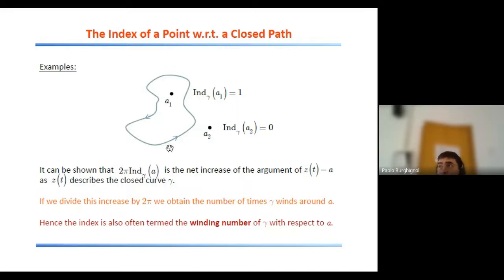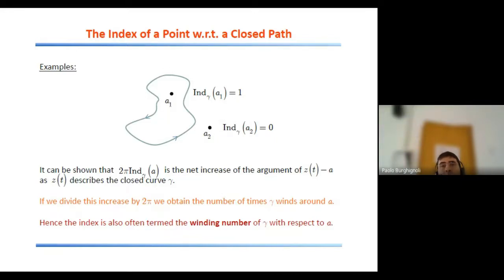That depends on the parametric representation. So that's not entirely evident from the drawing. But in any case, the index will always be an integer value that is different from 0 for interior points and is equal to 0 for exterior points. That's the important point to stress.